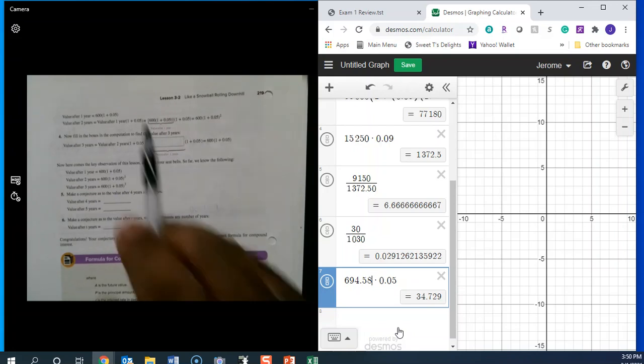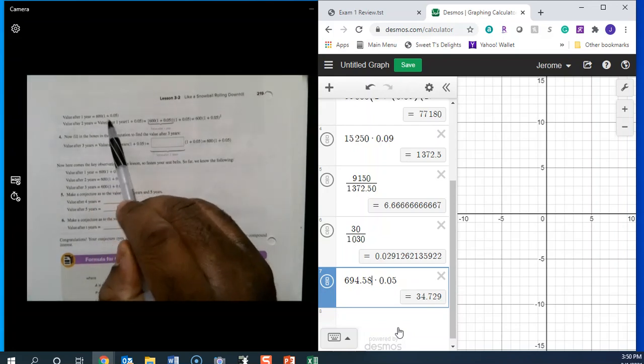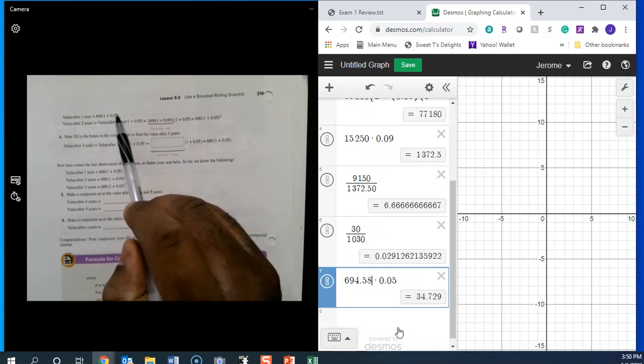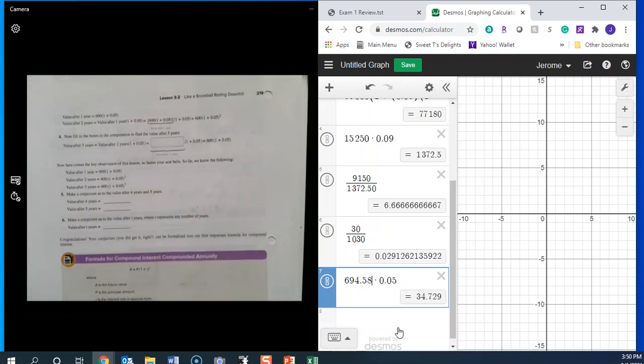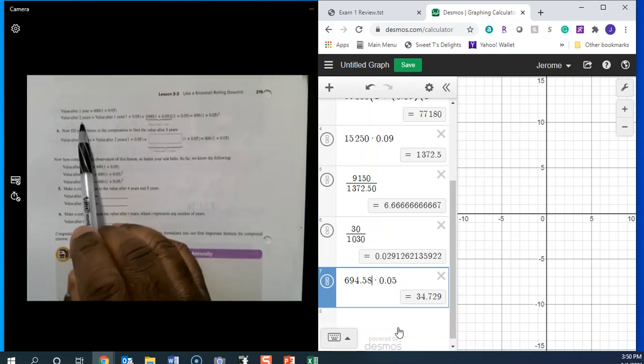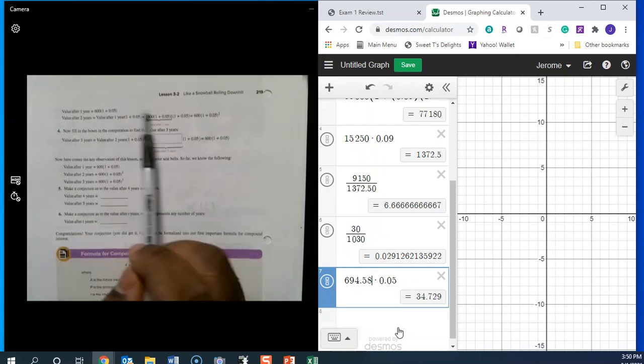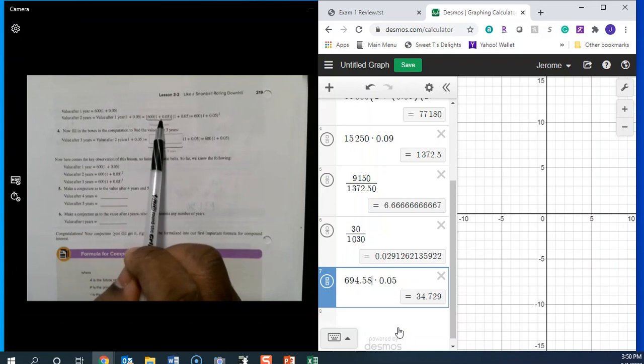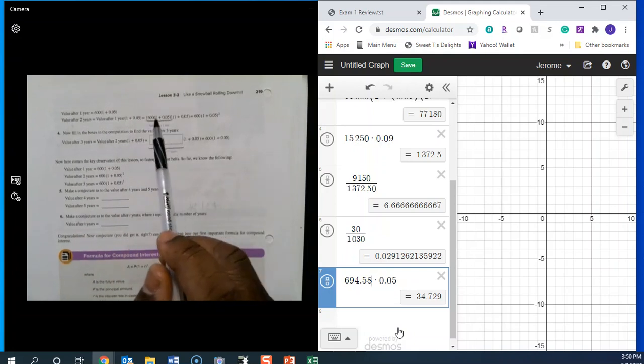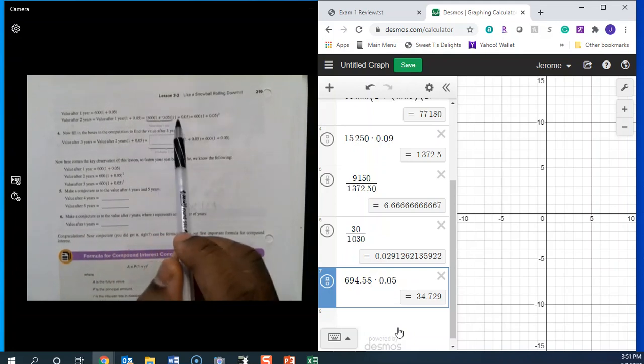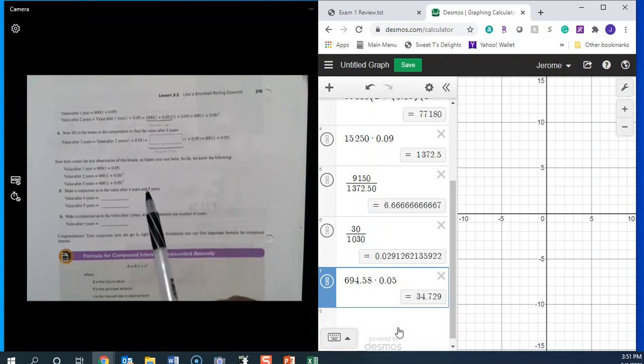You have the principal times 1 plus, this is the rate, and it's supposed to be times time as well. So if you look here on after year 2, after year 3, you notice here that you're writing this more than one time as far as the parenthesis is concerned.